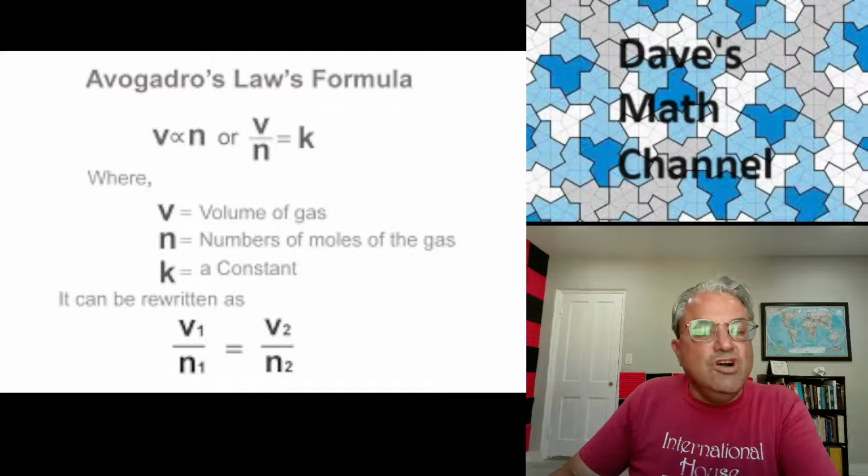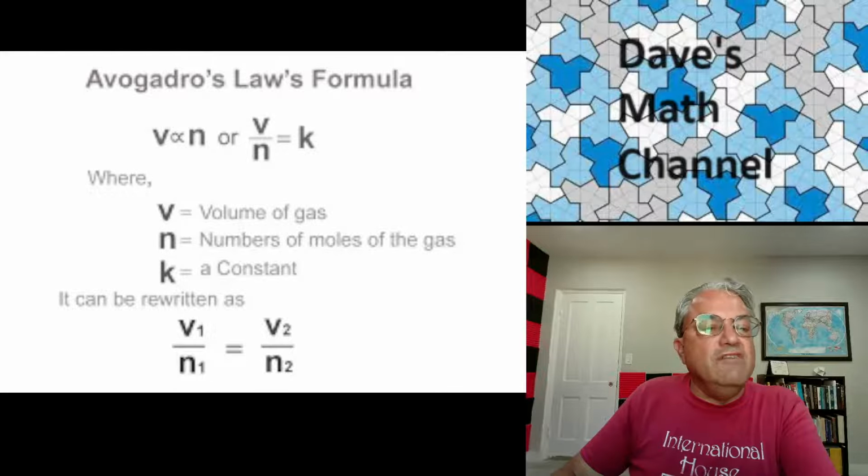Avogadro's law pertains to ideal gases. What it basically says is if you have a gas container with a volume V of gas in it, and you let n be the number of moles of gas, and I'll talk about moles later. Mole is really just an amount of substance. It's a number.